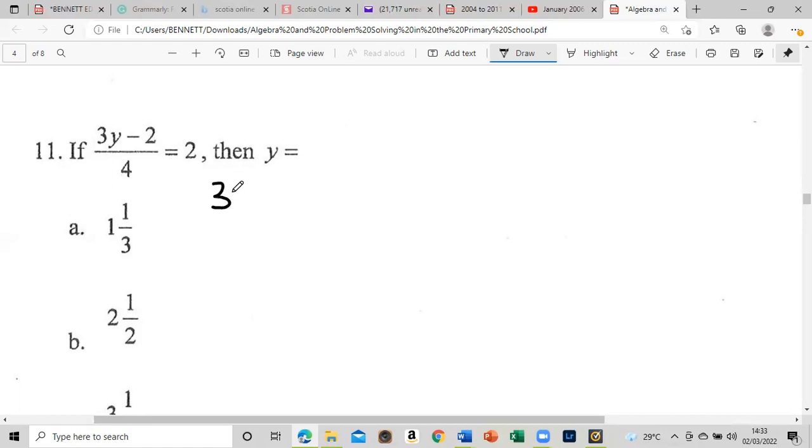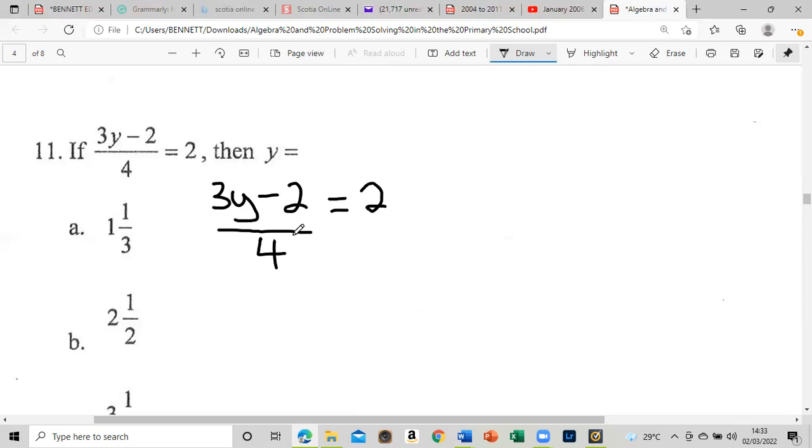So it's 3y minus 2 upon 4 is equal to 2. So what it is saying, when we multiply 3 times the number, and we subtract 2 from the result, divide by 4, we're supposed to get 2, right?